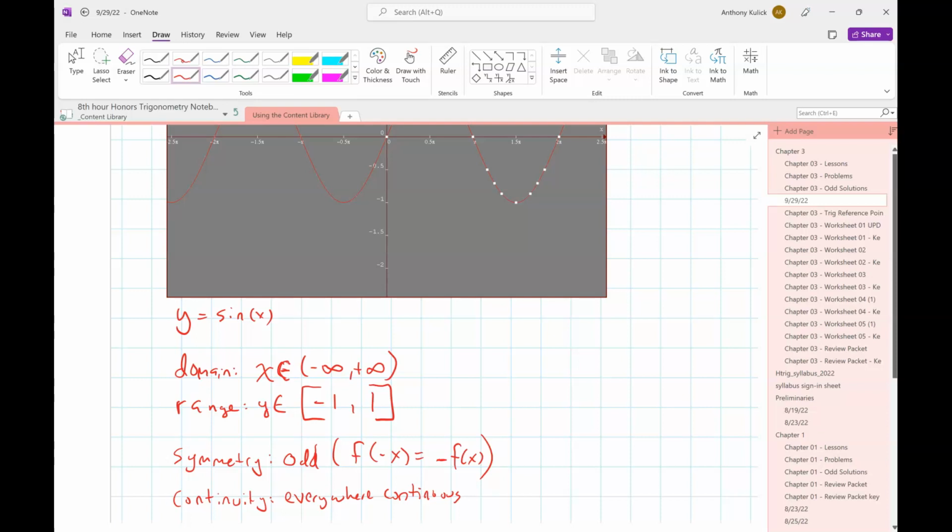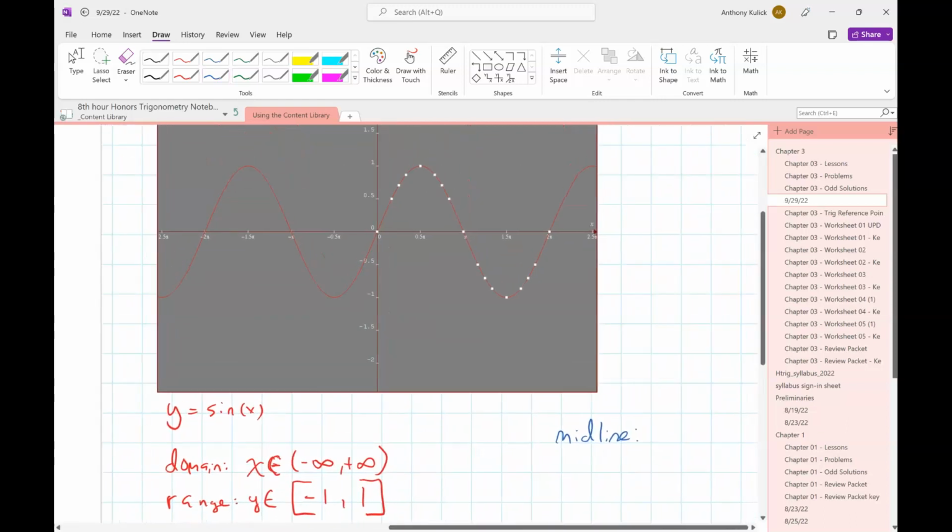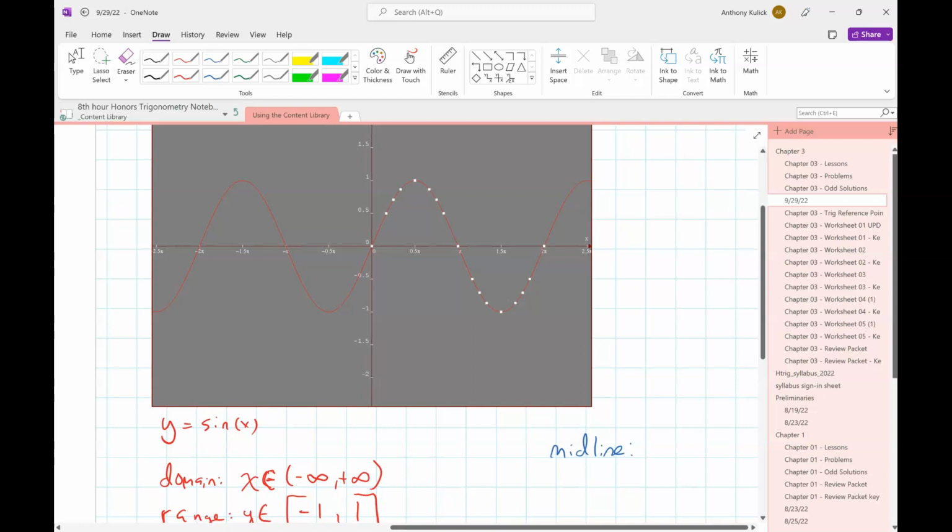Now, I want to take a moment and talk about four new pieces of vocabulary that we're going to use to describe what the graph of a sine or cosine function looks like. So the first attribute is called the midline. And the midline is going to be a horizontal line that divides the graph in half.